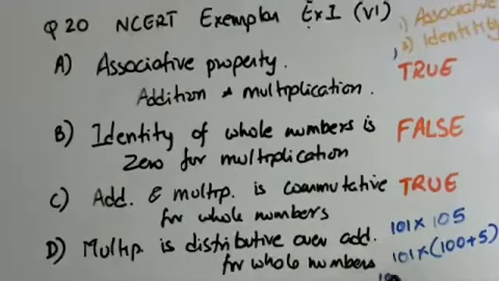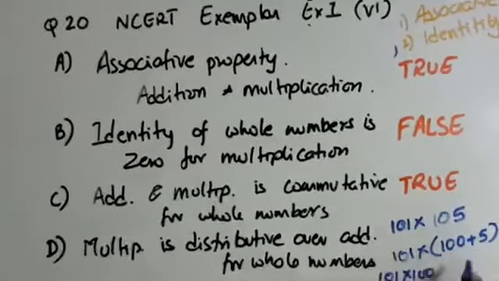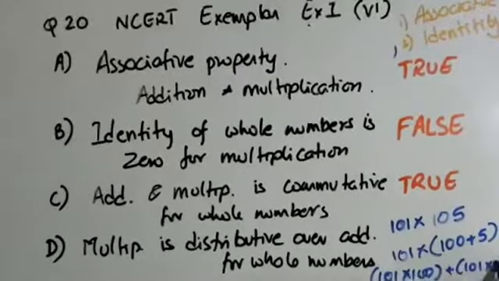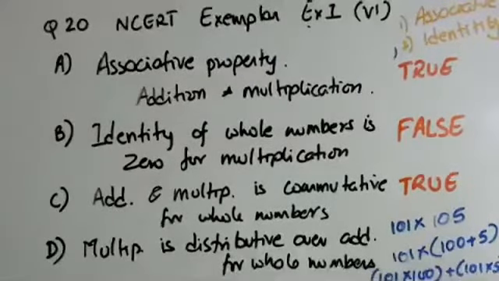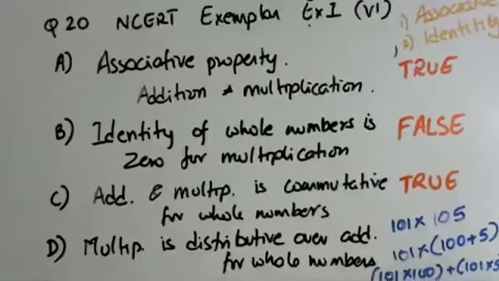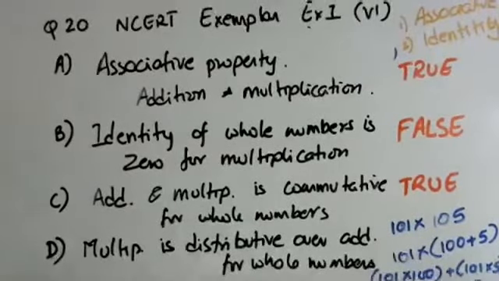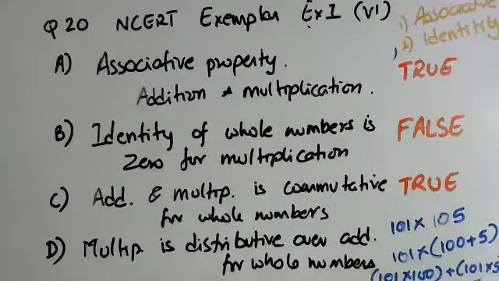Then I get 101 times 100 plus 101 times 5. So that's easy, right? Because I get 101 followed by 2 zeros plus 505. Then the answer pops out, 10605. Does this make sense?